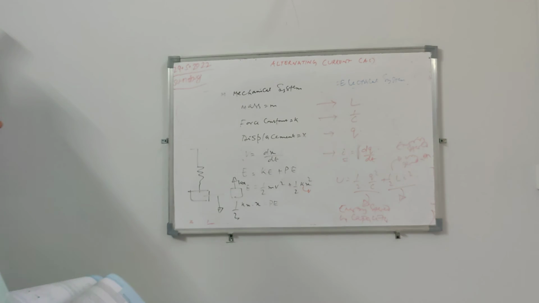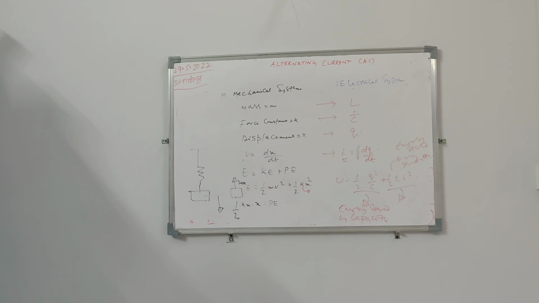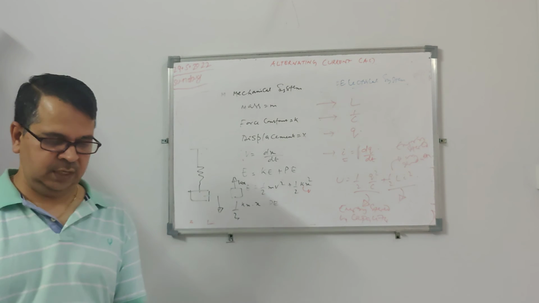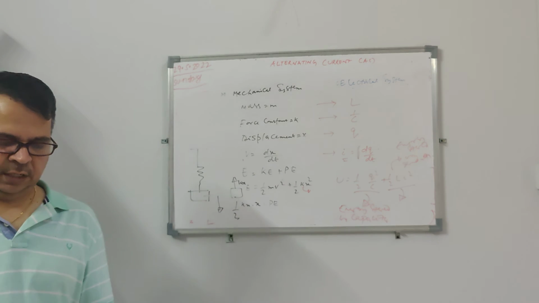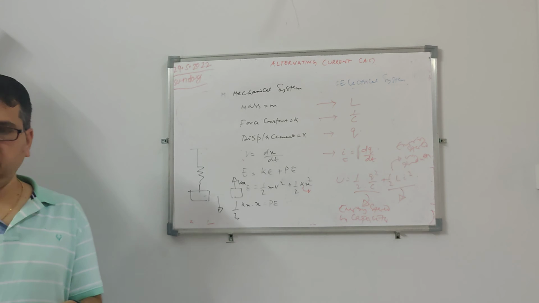This is the total energy stored in a spring, and this is the total energy in an LC circuit oscillator. So these are all equivalent. This LC circuit oscillator is a very important thing.